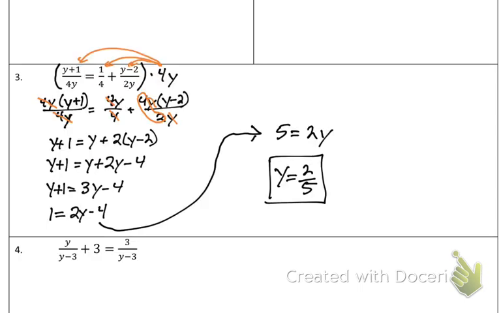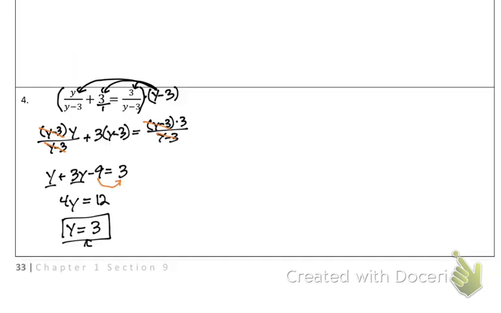What we should have done, if I front-loaded this question, is note to myself that we have one denominator that could possibly be 0. Since we have y minus 3 on a denominator, y minus 3 can never equal 0, because if that equals 0, our denominator is 0. If y minus 3 can't be 0, that means y can never be 3.